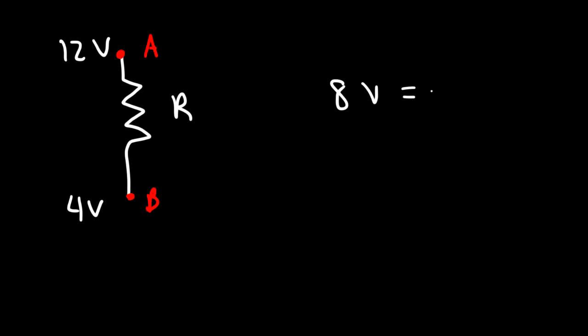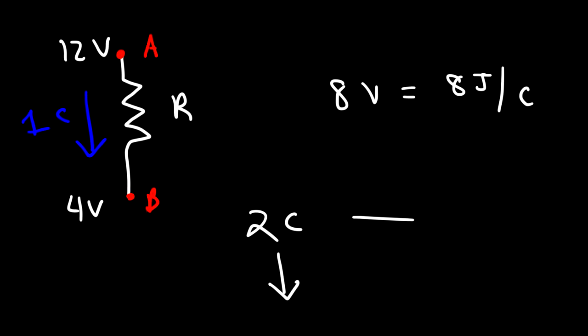So 8 volts represents 8 joules per coulomb. So this means that for every coulomb of charge that passes through this resistor, 8 joules of energy is transferred to the resistor. So let's say we have 2 coulombs of charge flowing through the resistor, that means that 16 joules of energy will be absorbed by the resistor.